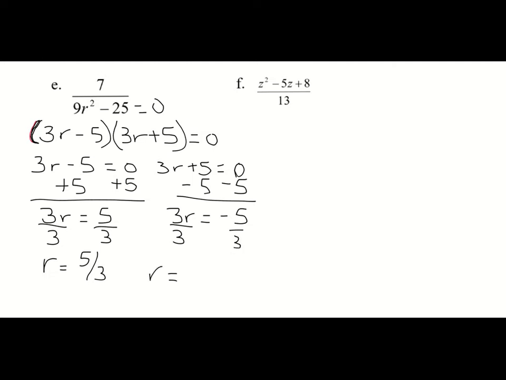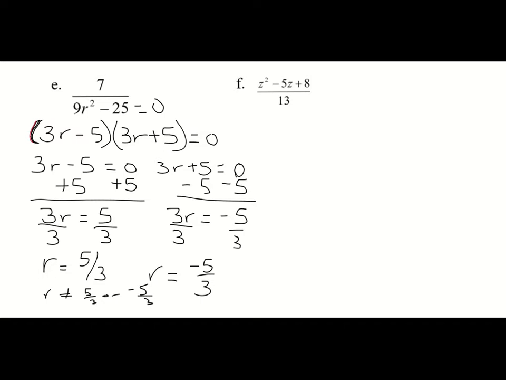And r is going to equal negative 5/3. So again, this expression is defined for all values of r except the values that make the denominator 0. So that means that r cannot be 5/3 or negative 5/3, because those two values will make the denominator 0.